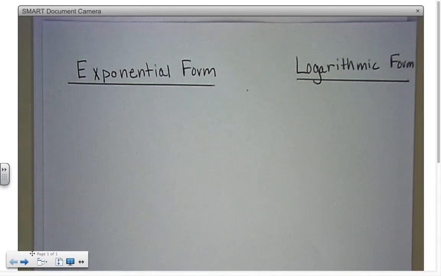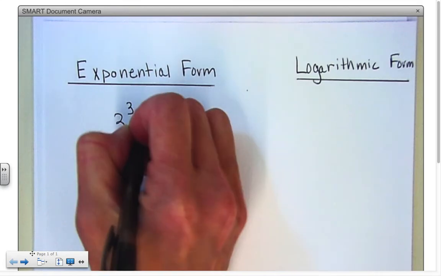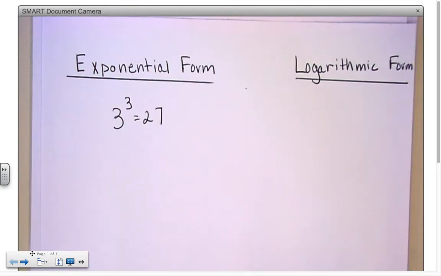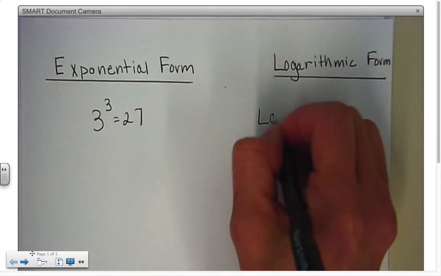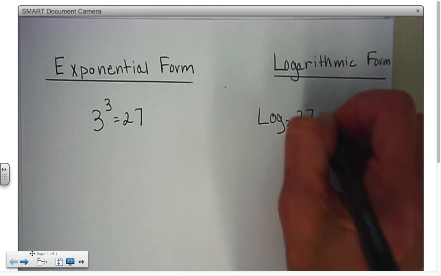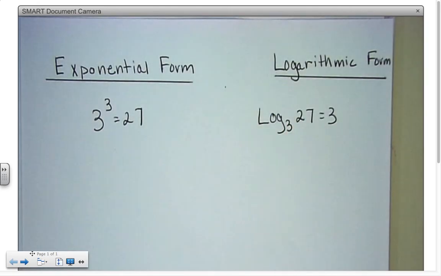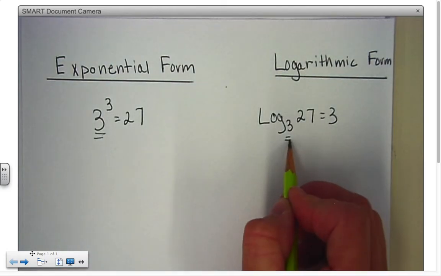All right, so let's say just 3 cubed equals 27. You know that to be a true fact, and then I want to switch it into log form. It would be log base 3 of 27 equals 3. So again, this low number here is the base. It's written like a subscript.